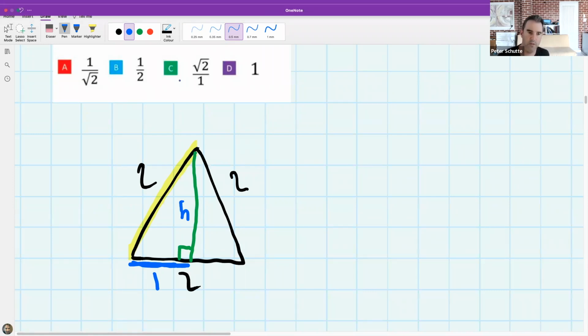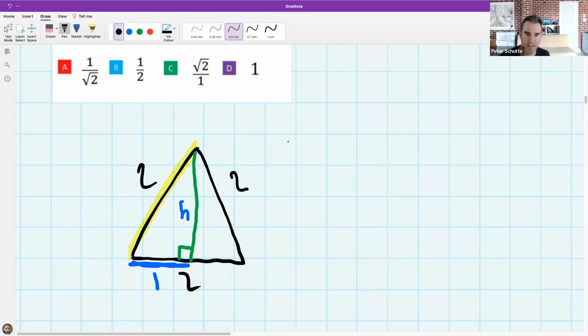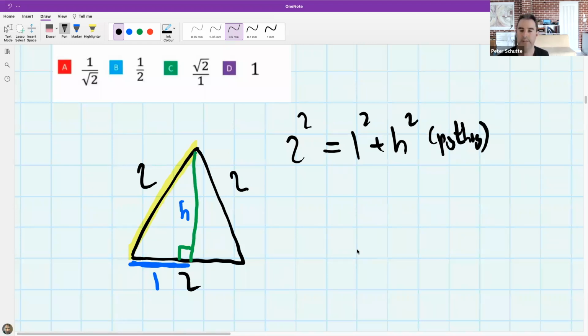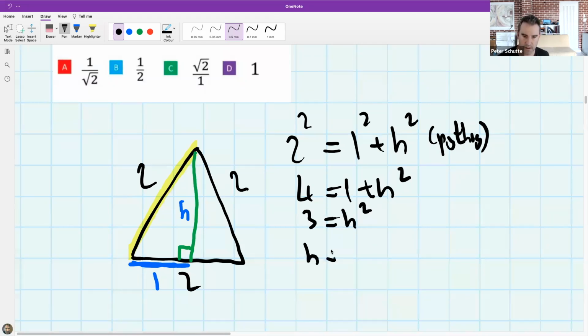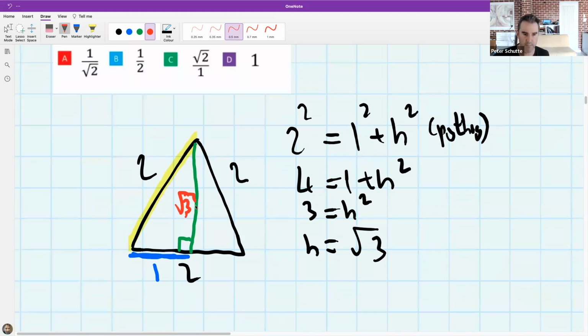So if I was using Pythagoras, I would say 2 squared is 1 squared plus h squared. And then 4 equals 1 plus h squared. I take away 1 from both sides. So I get that. And then h would be square root 3. So this thing over here is going to be square root 3.